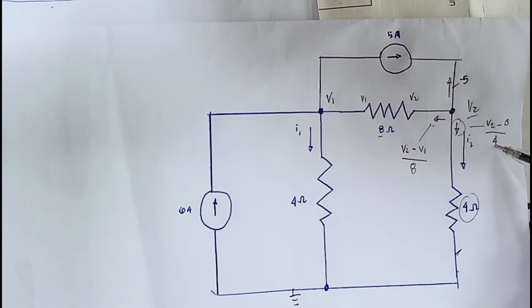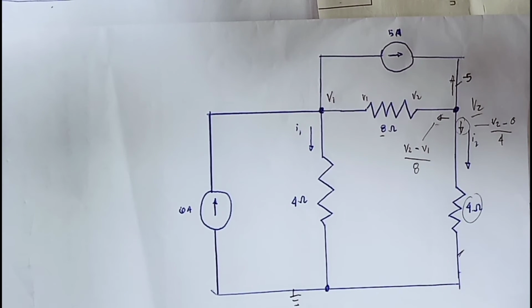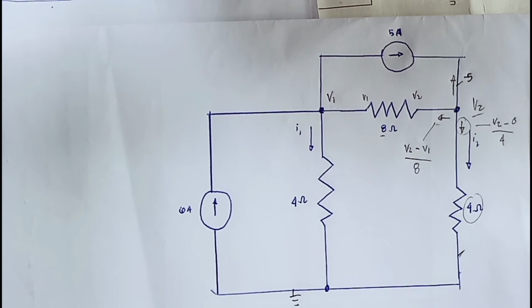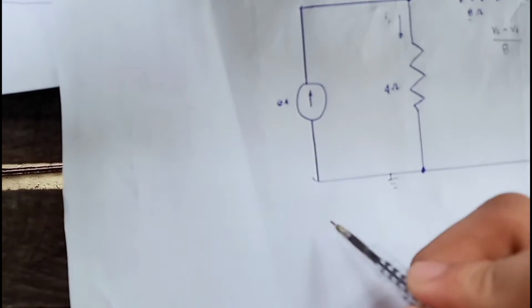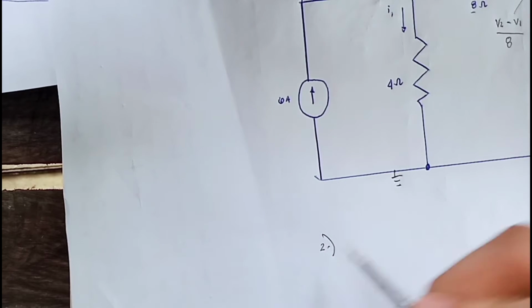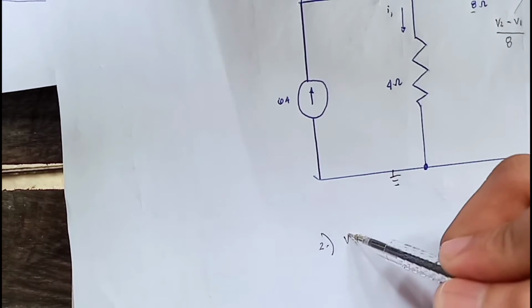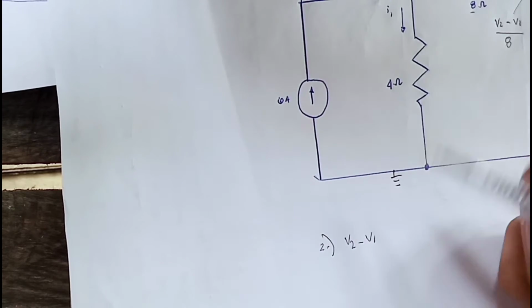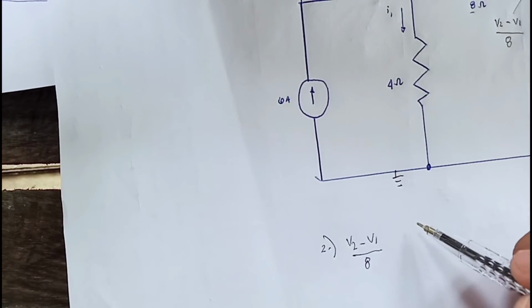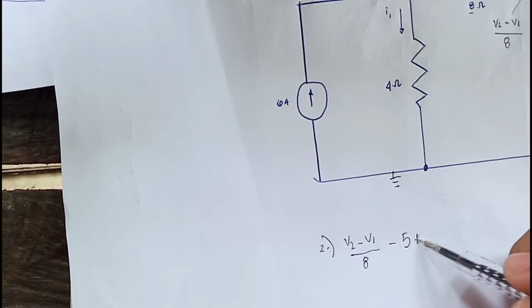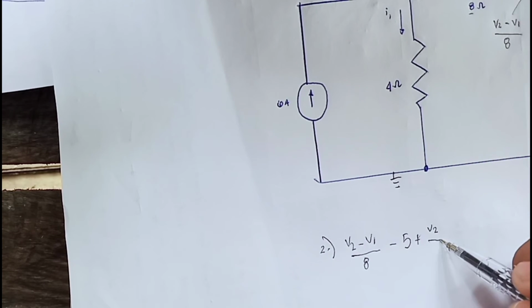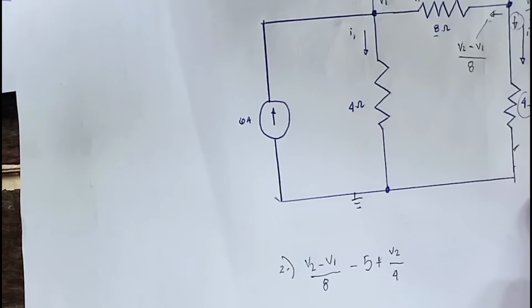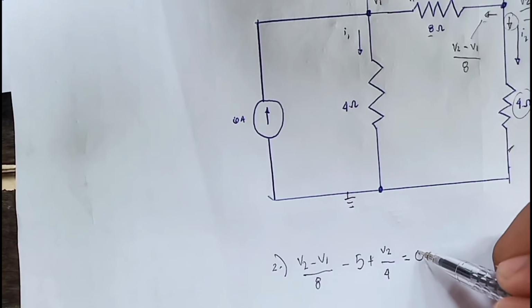So for node number 2, we sum all of the currents, just like node 1: (V2 minus V1) over 8, minus 5, plus V2 over 4, equals 0.